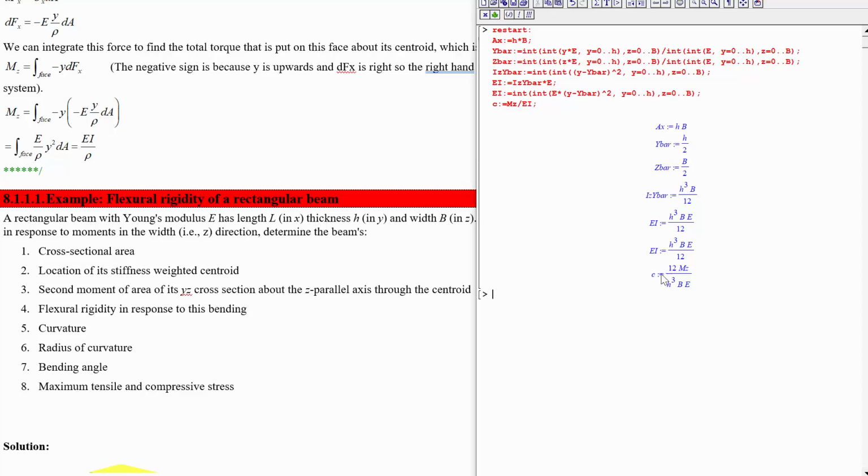So you can see that the curvature is going to be linearly proportional to the moment, inversely proportional to the stiffness of the beam in the length direction, inversely proportional to the width, and inversely proportional to the cube of the thickness. And there's that paper thing coming into play. The paper being much, much thinner leads to much easier curvature happening.